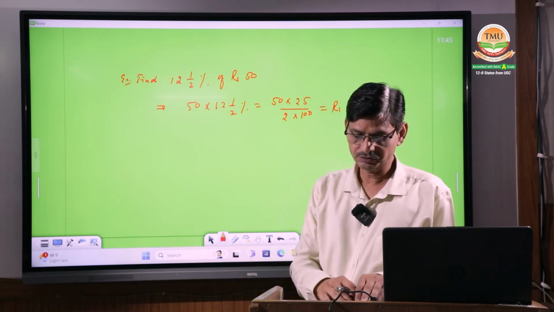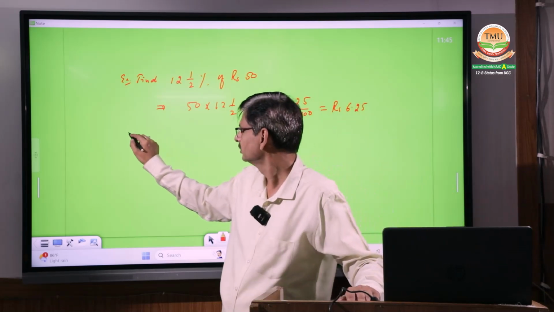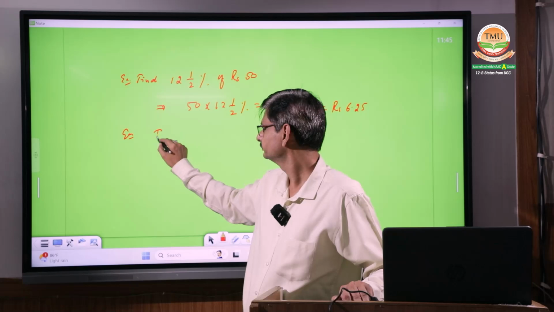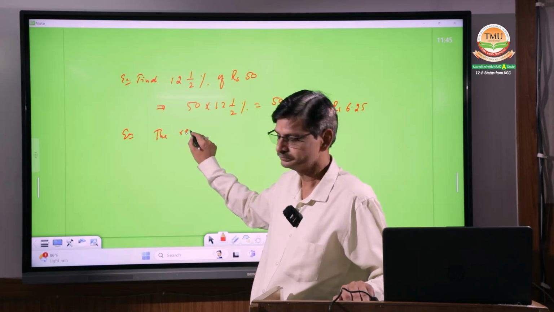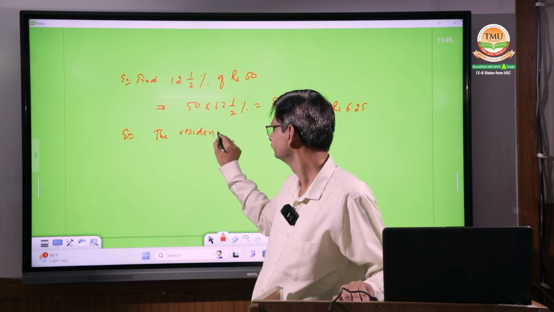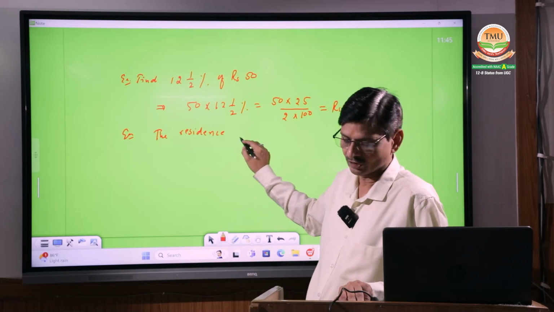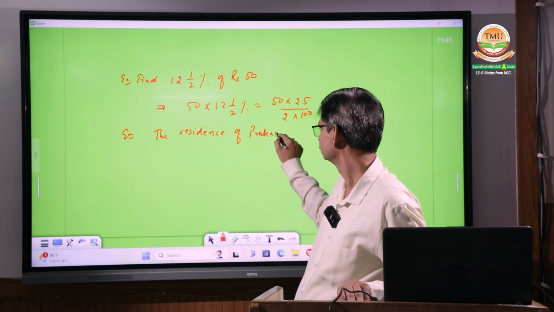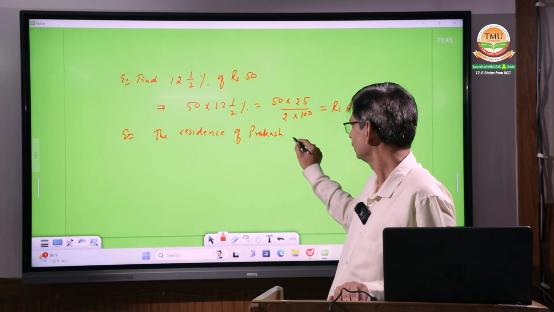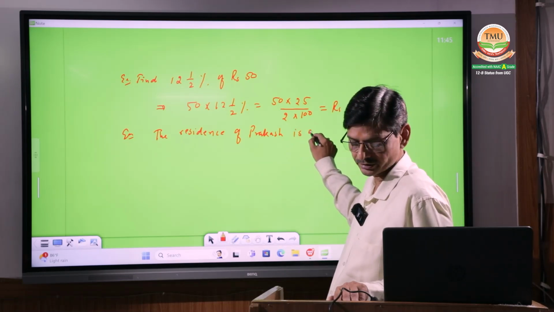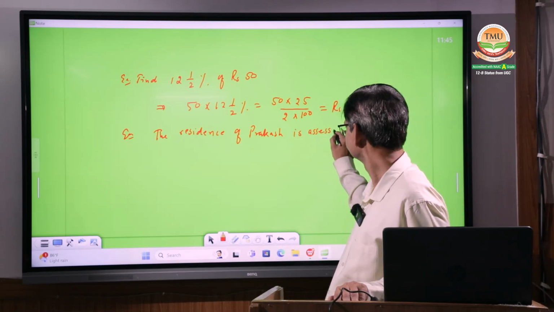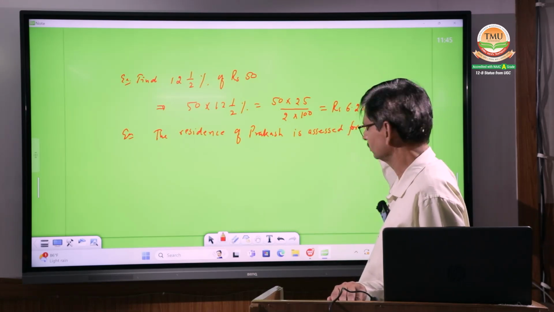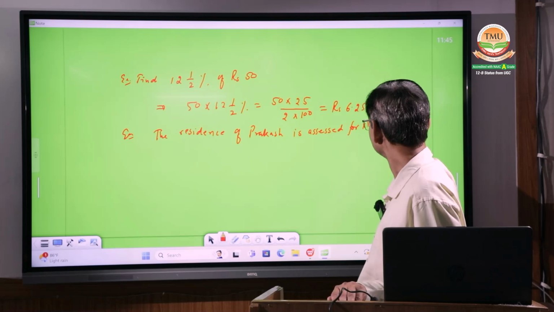Another question of percentage is, suppose the residence of Prakash is assessed for rupees 1800.